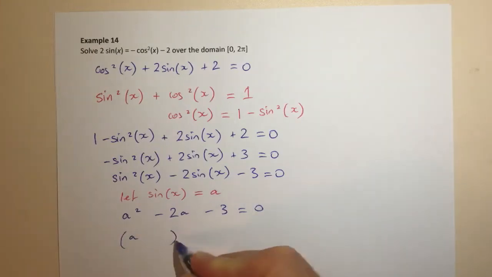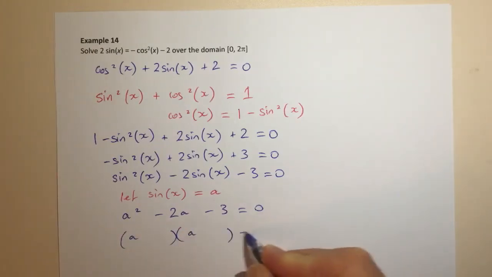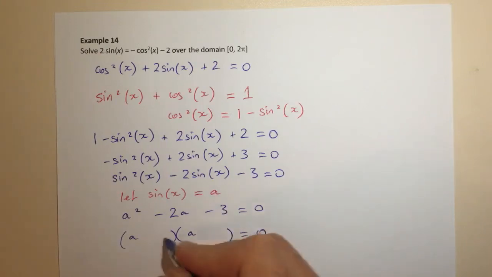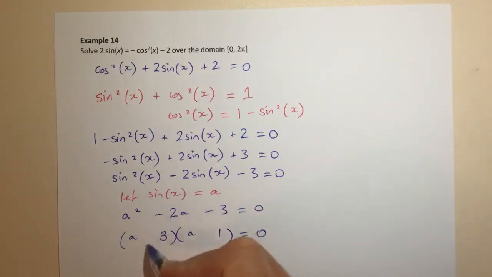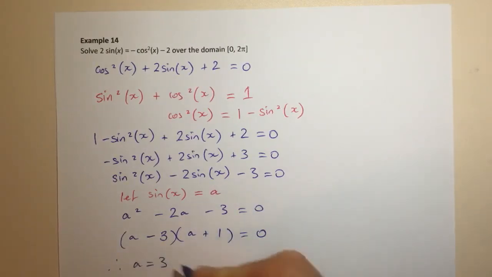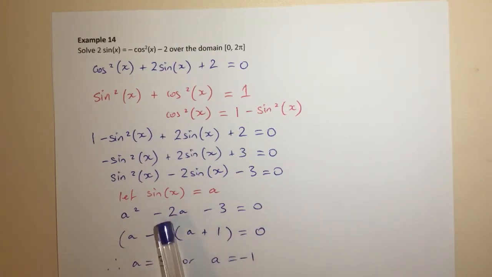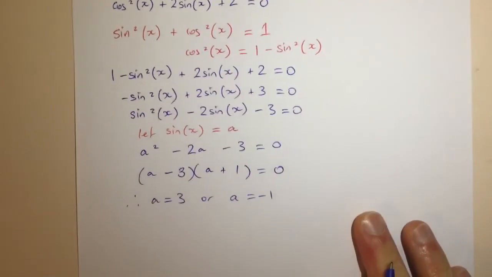I can try to factorize that and solve it using the null factor law. The only two whole numbers with a product of 3 would be 3 and 1. I need negative 2a, so I need a minus 3a there and a plus 1a here. Yep, that looks like it's going to work. And so therefore a equals 3 or a equals negative 1.